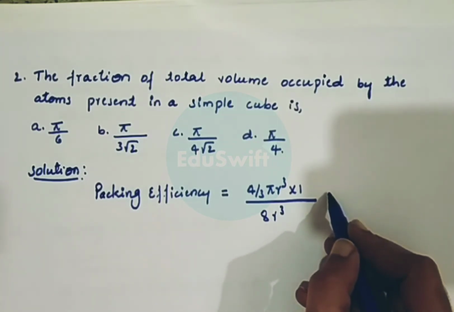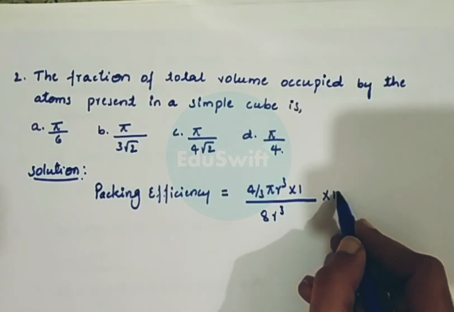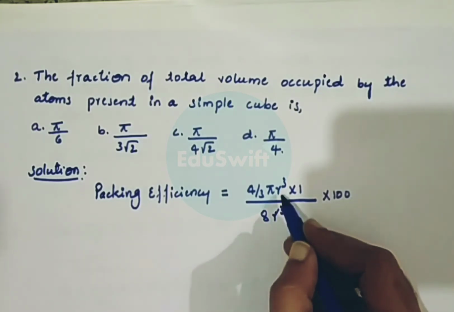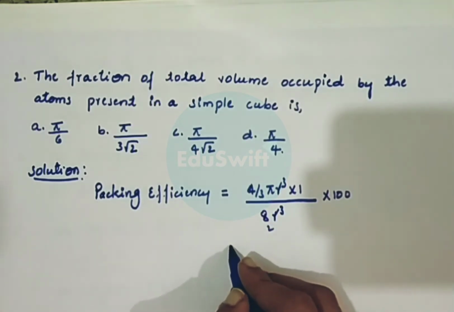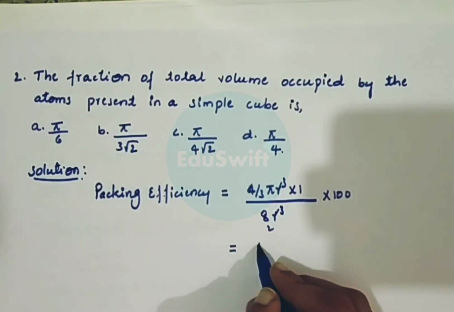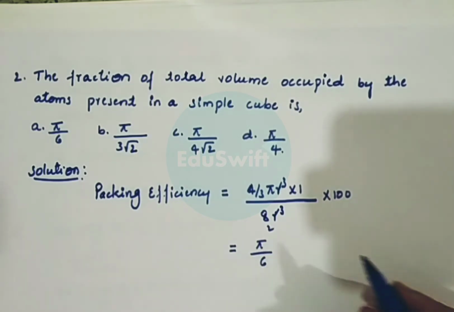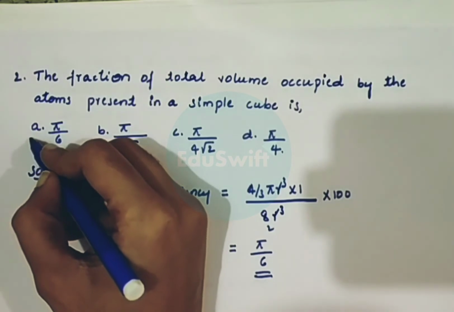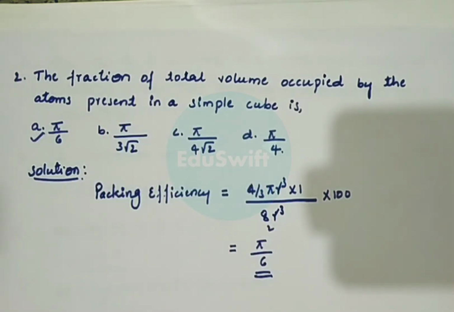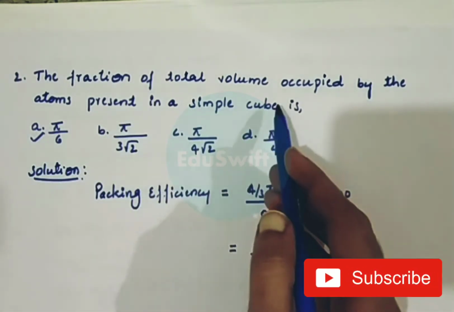So here r cube will get cancelled. 4 ones are 4, 2 fours are 8, so it is pi divided by 6. So the fraction of the total volume occupied by the atoms is pi by 6. So option A is the right one.